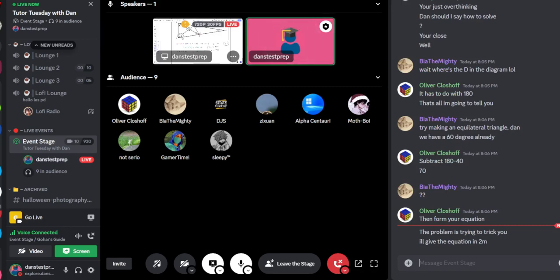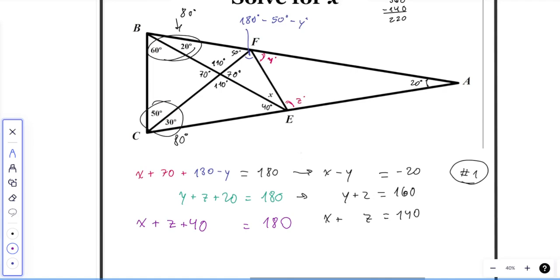All right. 180 minus 40 would give us x plus z, but we already have that equation right here. Y plus z equals 160. And then those three angles right here have to add up to 180 as well.